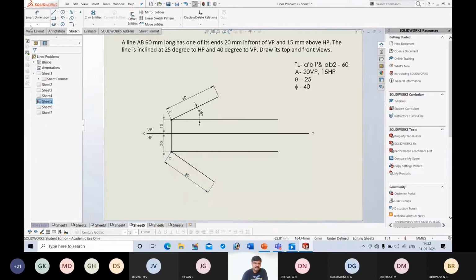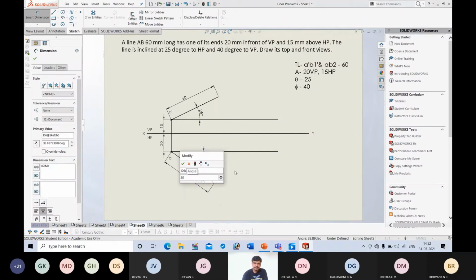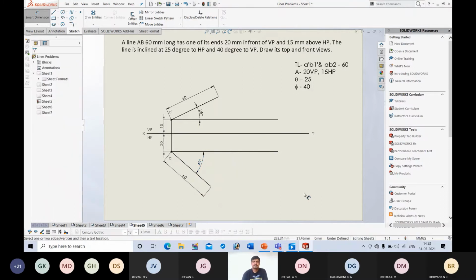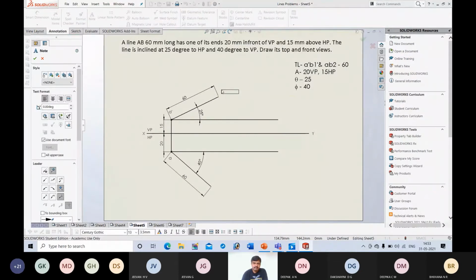The next, this angle should be 40. Okay, next, these end points will give us the locus of B. Since it is a true length line, 60 mm is the true length, so this is B1 dash.